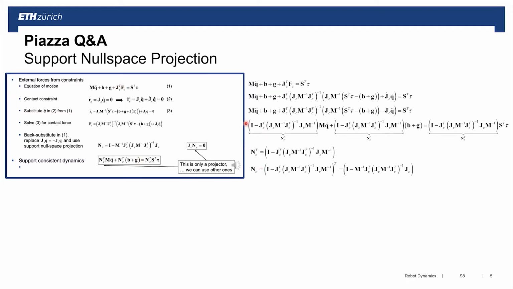Somehow, when we did this insertion, we ended up with an equation which had this N_c, a null space projector, popping up, naturally evolving from the way we inserted these equations of motion. So I would like to rediscuss these constraints on the contact point from a slightly different angle today to hopefully clarify this a little more.